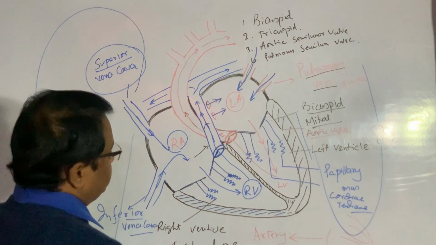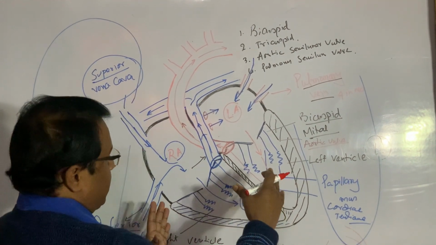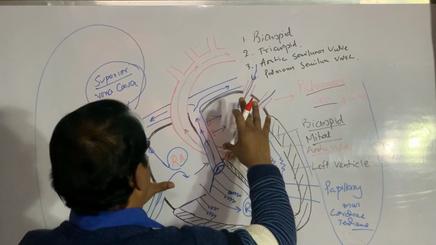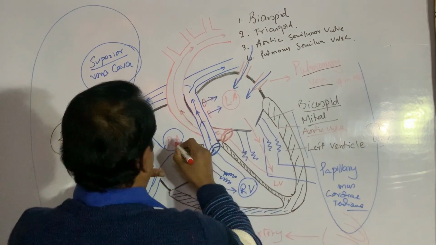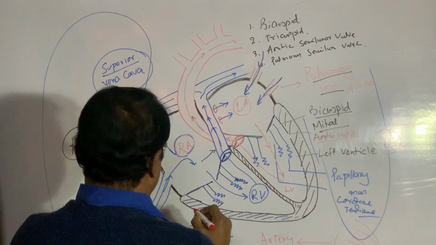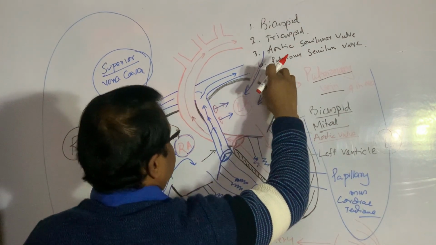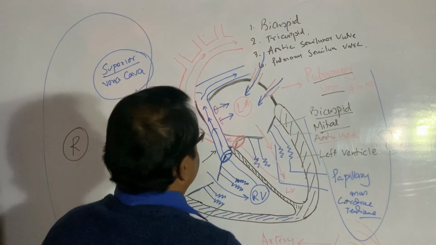Okay, so as a whole, I can explain: blood from the whole body comes into the right atrium through the superior and inferior vena cava, and from pulmonary circulation it comes into the left atrium.